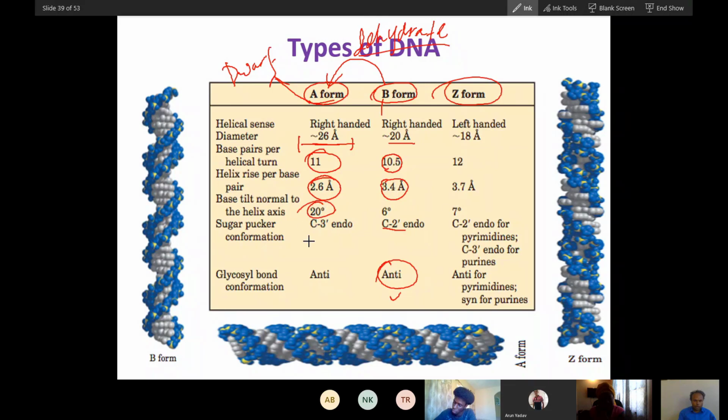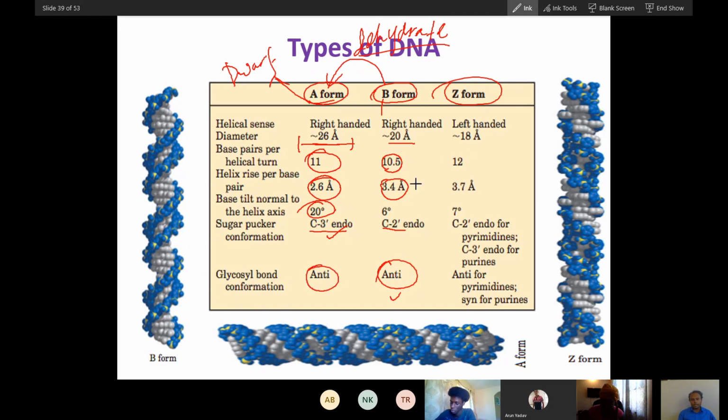It becomes 20 degrees. Here you will find C3 endo configuration of the sugar, the deoxyribose sugar, and the glycosidic bond conformation is anti.